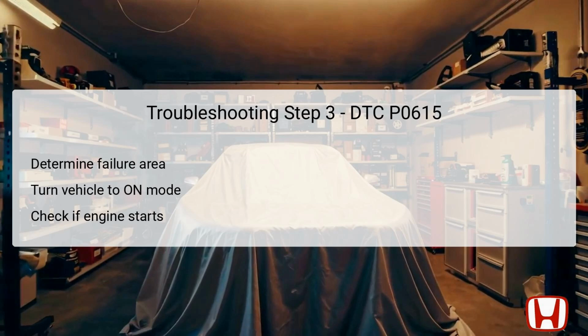The next action involves an important test, attempting to start the engine. If it successfully starts, it may suggest the issue lies within the relay circuit wiring rather than the starter itself. However, if the engine does not start, it indicates a more serious underlying problem requiring further investigation.